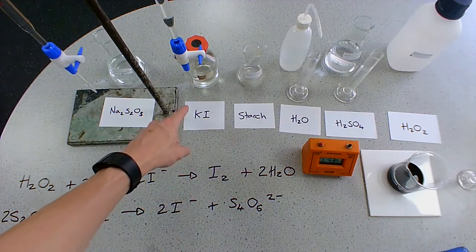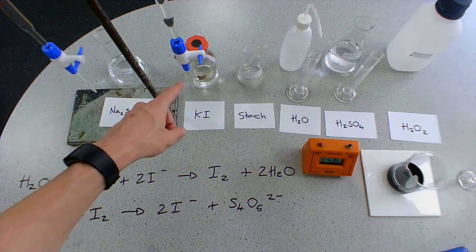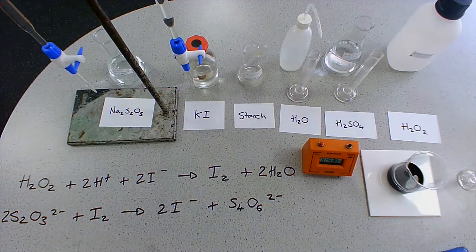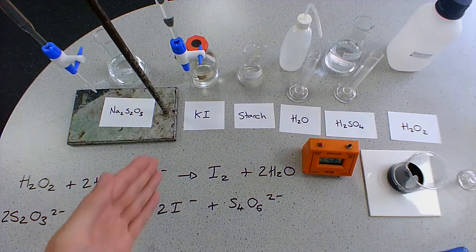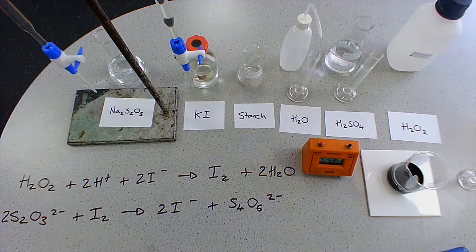But as we increase the volume of the potassium iodide, we need to decrease the volume of water we're adding so that the total volume remains the same, so that none of the concentrations of any of the other reactants change, only the potassium iodide is going to become more concentrated, which means that the rate of reaction is going to increase. Then we should be able to see the effect the change in concentration of potassium iodide has on the rate of reaction, and then we can determine whether the potassium iodide is a zero order, first order, or second order reactant.